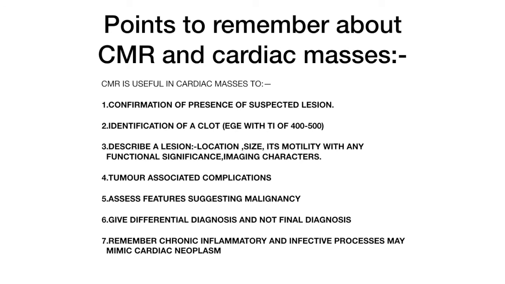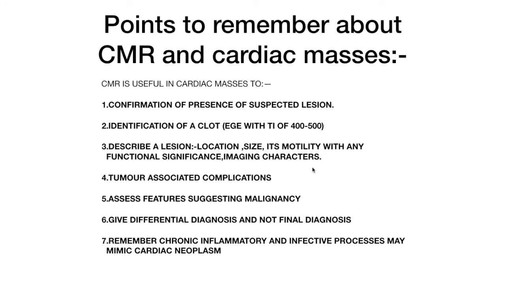So points to remember about CMR and cardiac masses. CMR is useful in cardiac mass evaluation for confirmation of the presence of a suspected lesion. Second, identification of a clot, where early gadolinium enhancement and a TI value of 400 to 500 is going to help us.